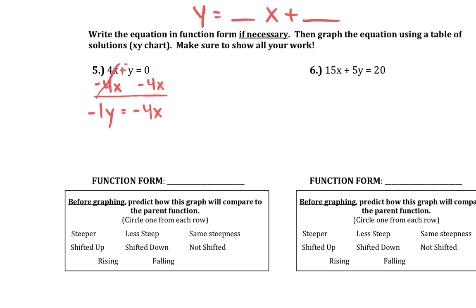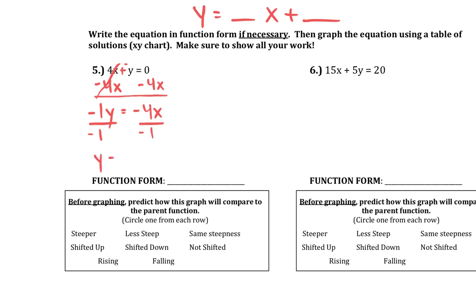Now I am close, but I am not quite there, because I don't want negative y or negative 1y, I want just y, positive y. So I need to ask what operation is between the negative 1 and the y. It's multiplication, so I undo it with division. I'm going to divide by negative 1. Whatever I do to one side, I have to do to the other side.